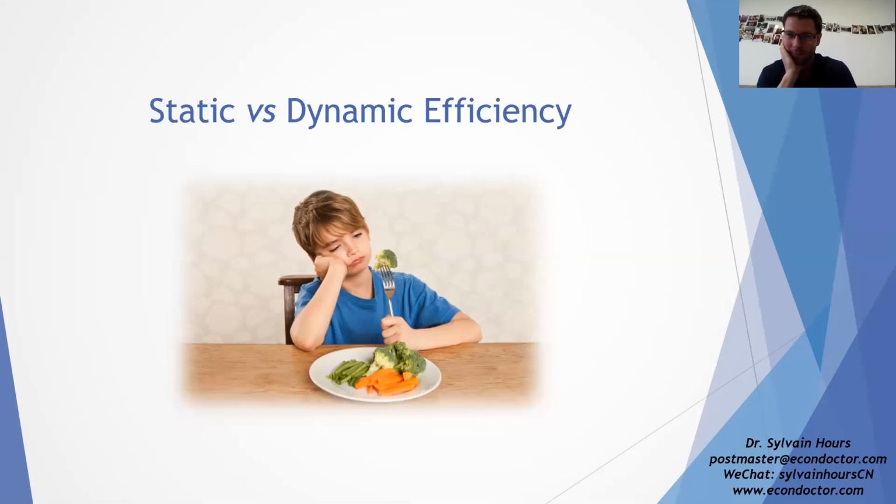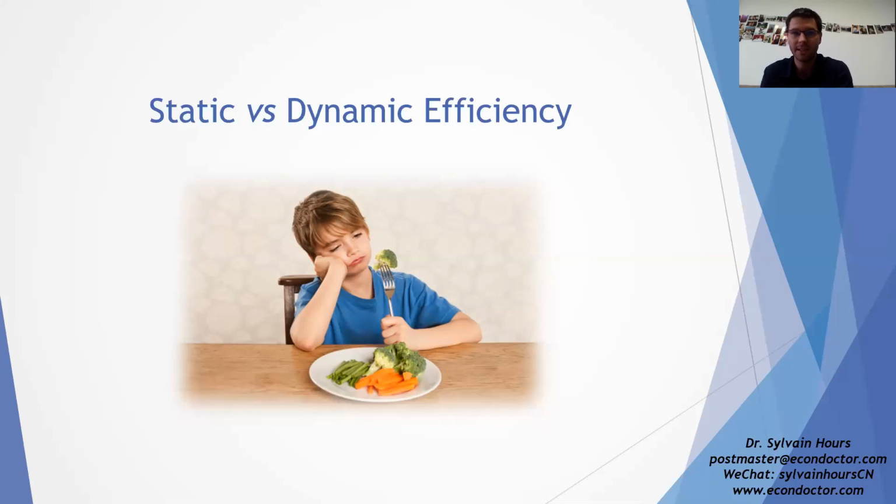So in economics, static means at one point in time. It's like a photograph, one point in time. And dynamic, again in economics, means over a given period of time. So the difference between static and dynamic would be the difference between the short run and the long run. That's usually what we say.